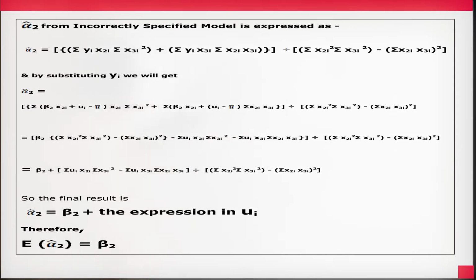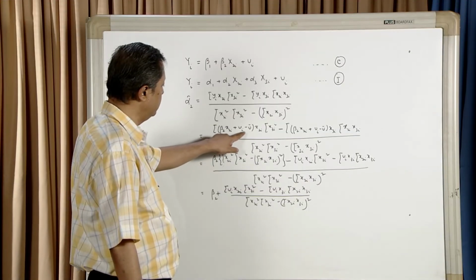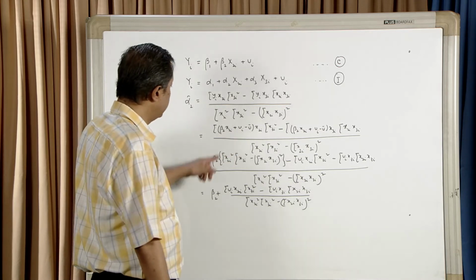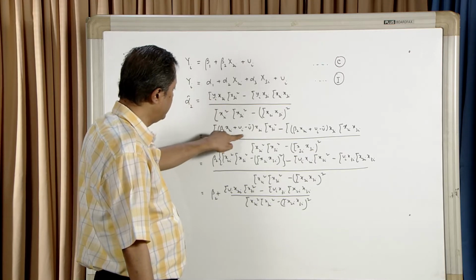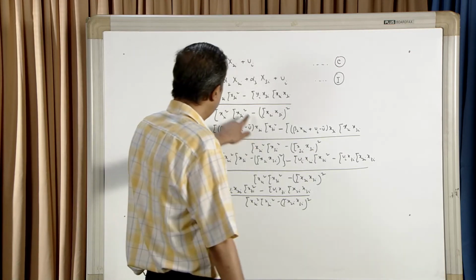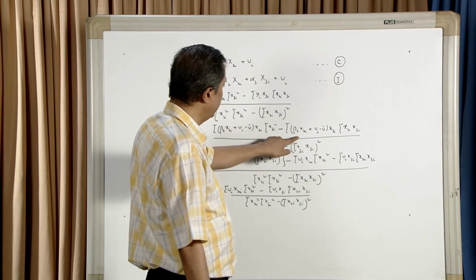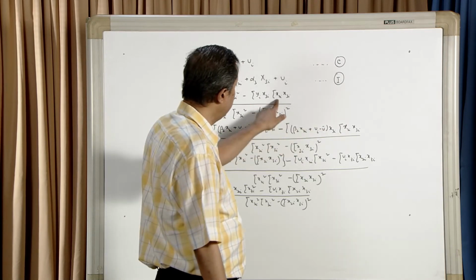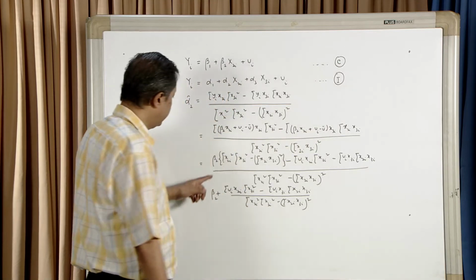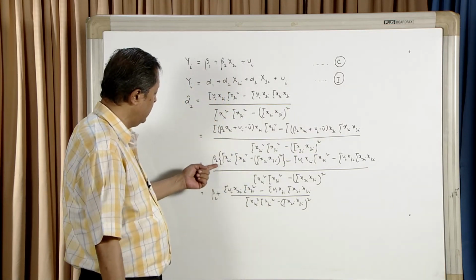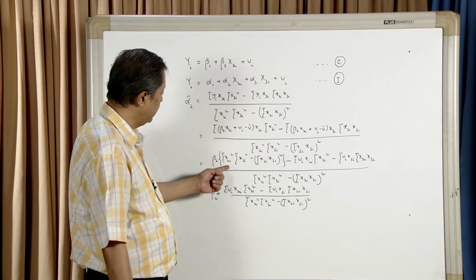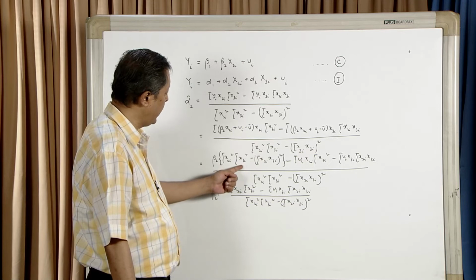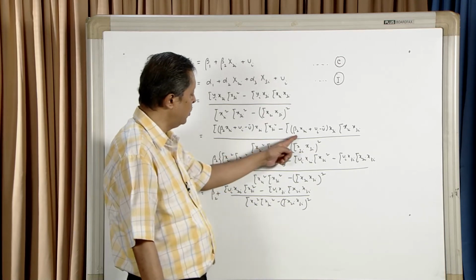So, substituting y in deviation form by beta 2 small x2 plus ui minus u bar, from here we get small yi x2i times x3i square minus small yi x3i times x2i x3i, and so collecting beta 2 terms together, what we have is beta 2 open second bracket and then summation of x2i square, summation of x3i square, and we also have beta 2 on this side.